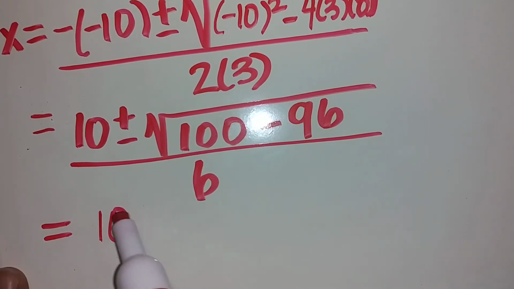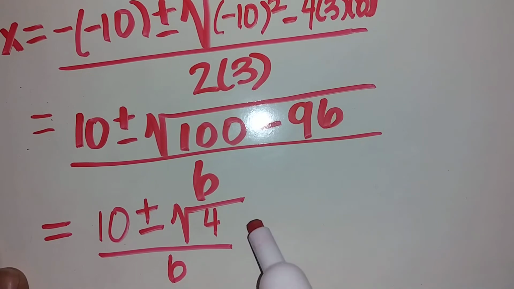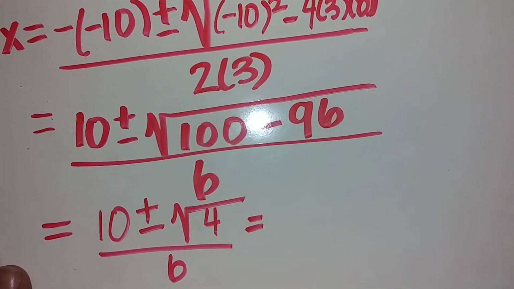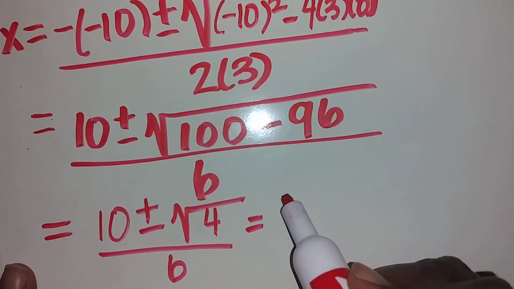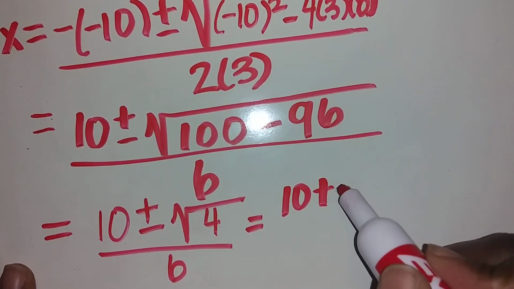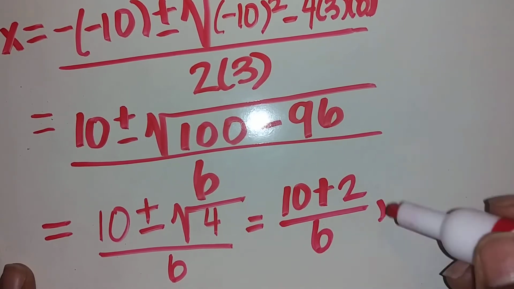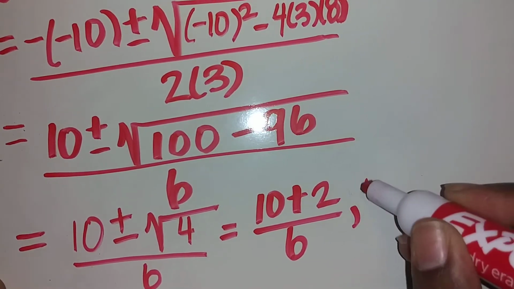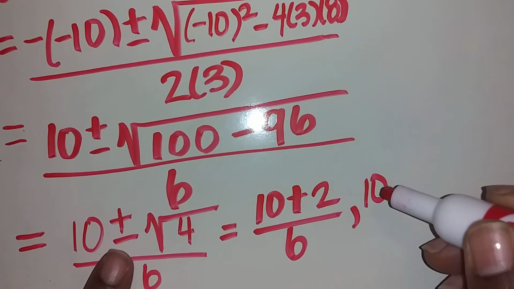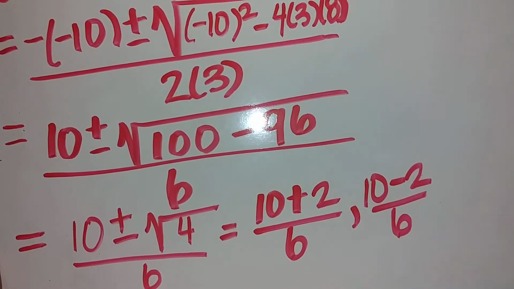I have 10 plus or minus the square root. I know 100 minus 96 is 4 over 6. Now right here, I see two answers. My first one is 10 plus the square root of 4 is 2 over 6, comma. And then the second one is 10, I have a minus sign here, minus 2 over 6.